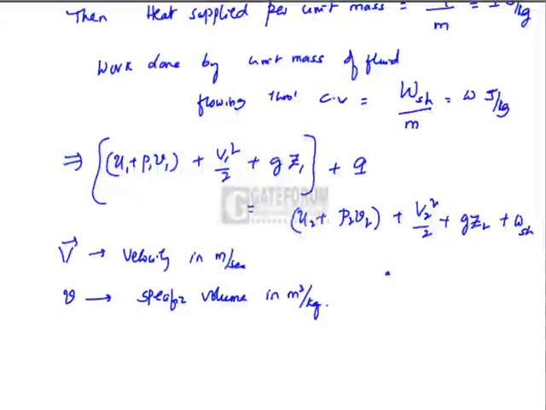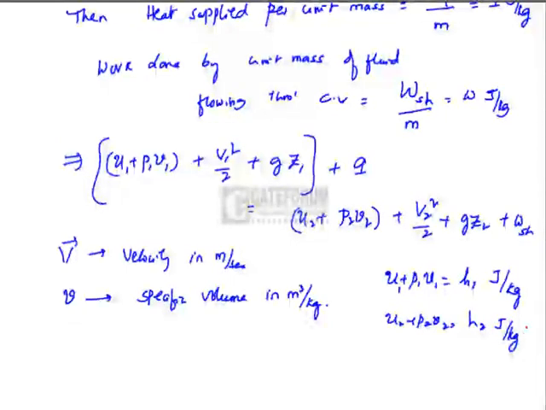And let us substitute U1 plus P1 V1 is equal to H1, that is enthalpy of the fluid entering the control volume. U2 plus P2 V2 is equal to H2, enthalpy of fluid leaving the control volume.